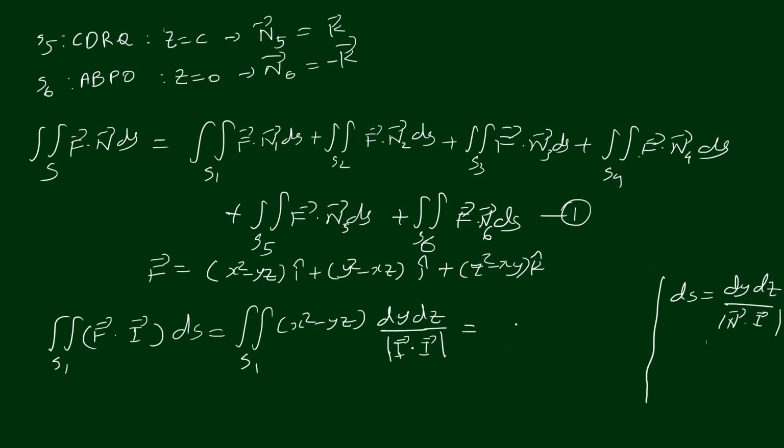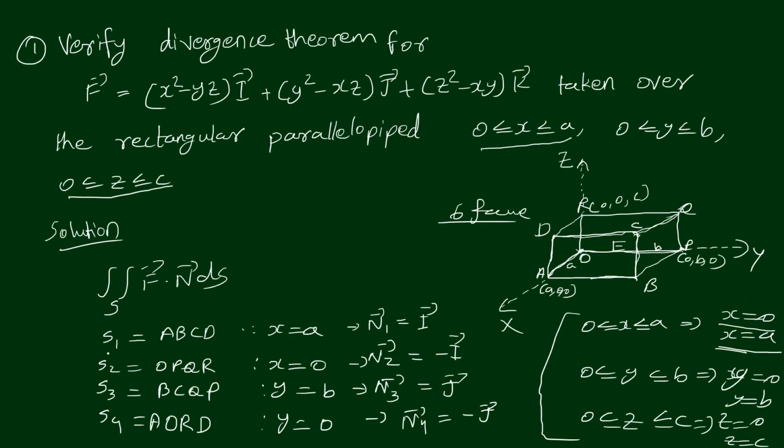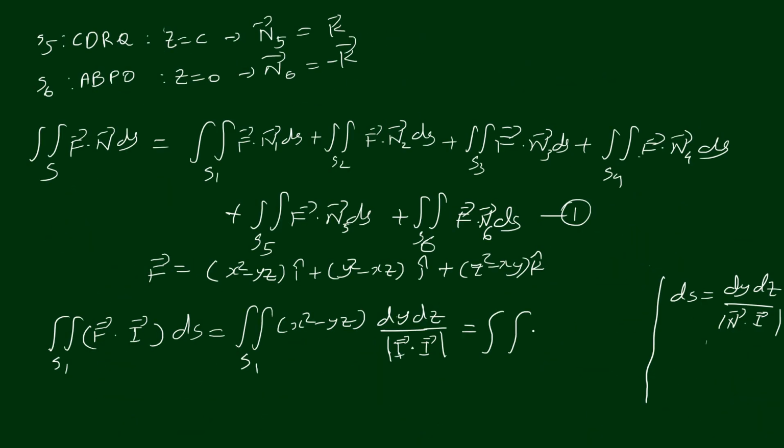Now you need to find the limits of y and z, and what is x? Over the surface S1, x is equal to a, which you can substitute here. So you'll get (a² − yz) dy dz.